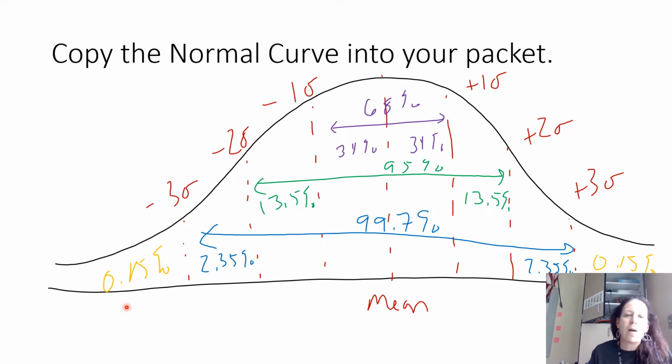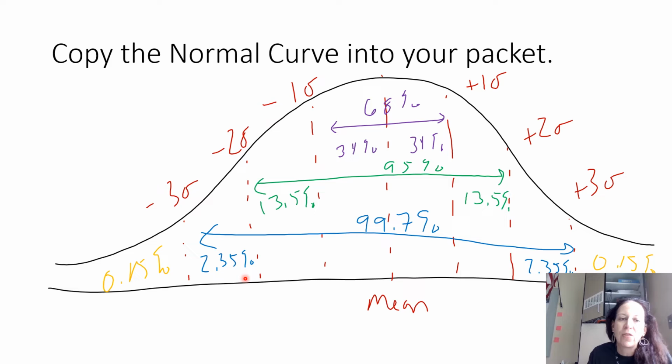You were asked to copy this, so hopefully you've got it. You need to know those percentages, particularly the 68, the 95, and the 99.7 with that standard deviation there. Pause the video here. This says 68. This says 34 and 34. This says 95. This says 13.5 and 13.5. This says 99.7.